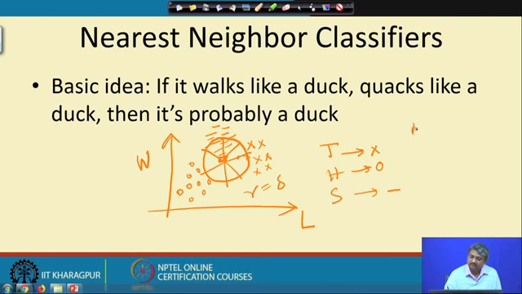Suppose n of them fall in this circle, I count. Then out of this n, how many are tuna, NT, how many are Hilsa, how many are shark. Whatever is the highest, I put it in that class. Same principle.